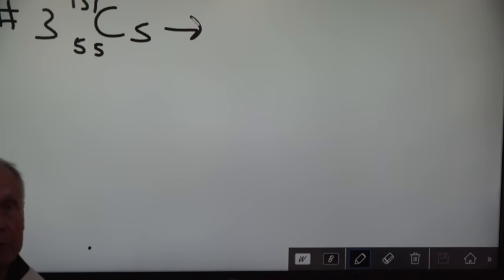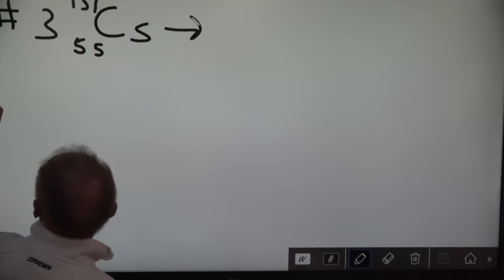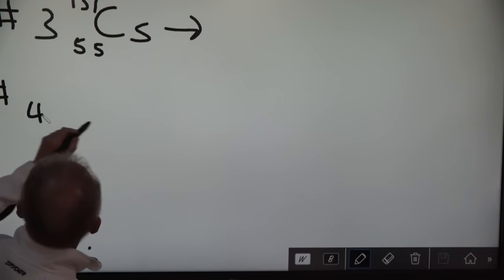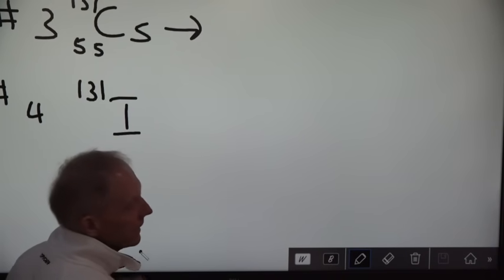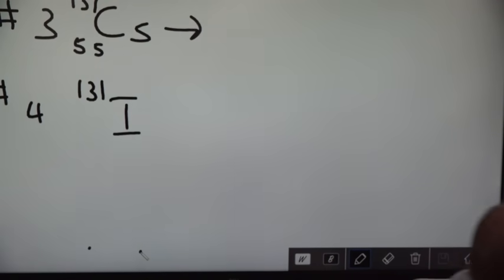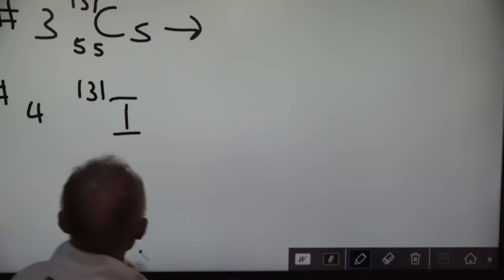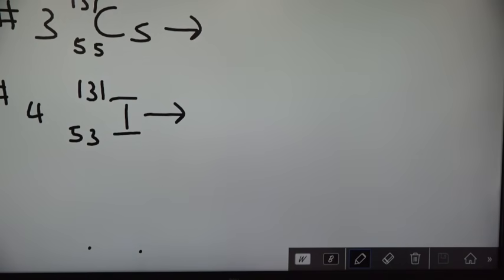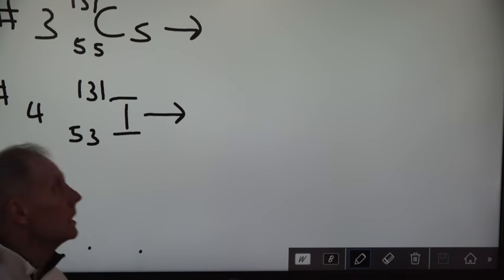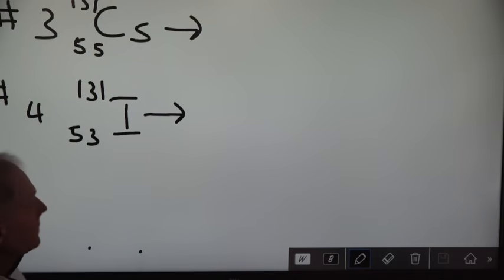You're going to do a beta decay on that. And one of the most important ones, like ever, and we'll talk about it later on, is number 4, and that's I-131. That is radioactive iodine 131, and the atomic number is 53. So you have 2 alpha decays to do, and now you have 2 beta decays to do.